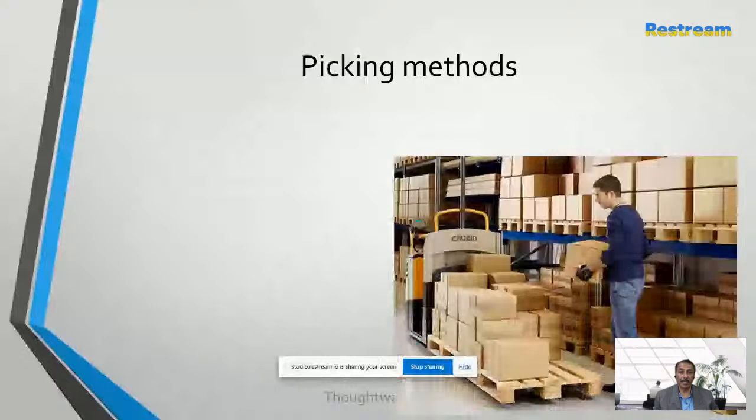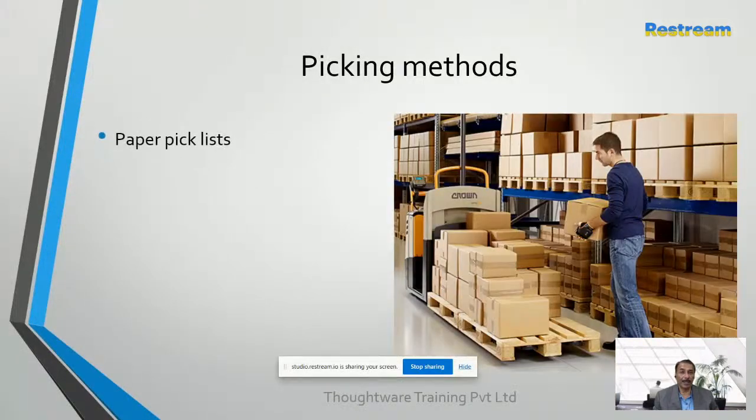So there are several picking methods available. The traditional one, which is being followed in many organizations even today, especially in the manufacturing environment, is a paper pick list. Second one could be pick by label, which is one level advanced from the paper pick list. Third one is pick by voice.